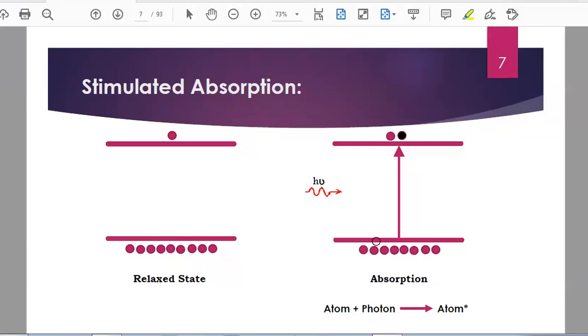Apart from that, this amount of energy h nu is also involved. So basically this process depends on two factors: one is the number of particles or atoms in the ground level, that is level 1, and the other is the energy which you are supplying from the external source, h nu. We write this energy in terms of energy per unit volume, which is nothing but the energy density.